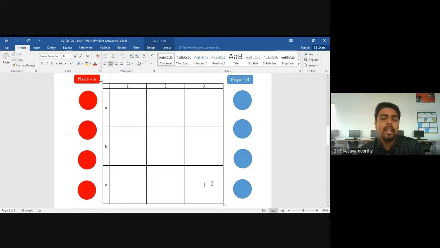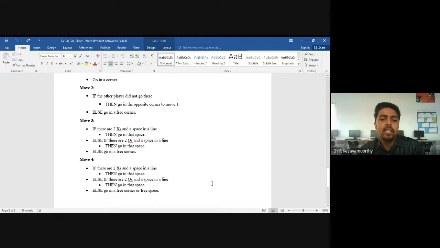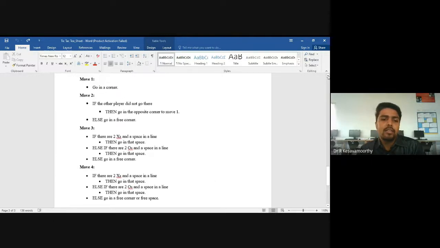I'm going to show you the backside of this particular paper, wherein the instructions are given. You can see here, move one: go in a corner, which means, as I said, always player A in all 3 games.